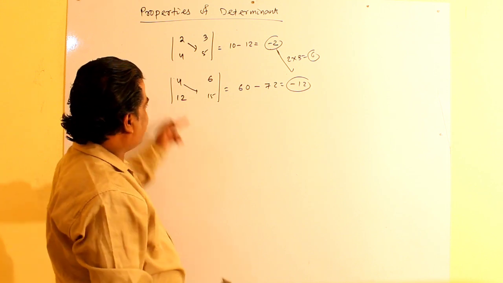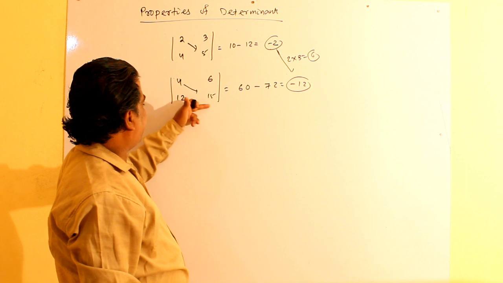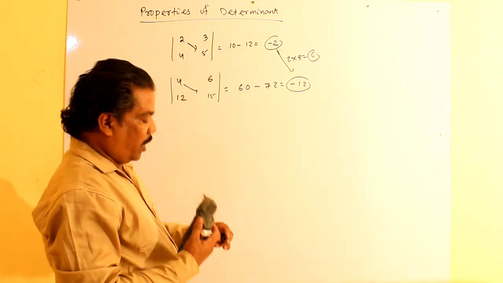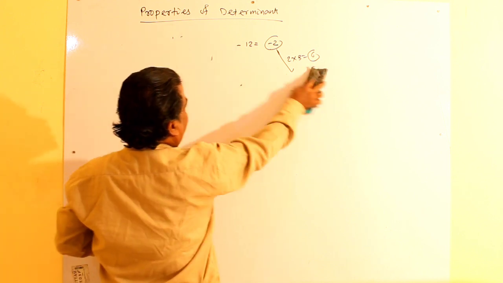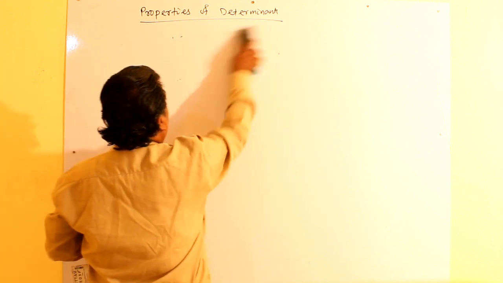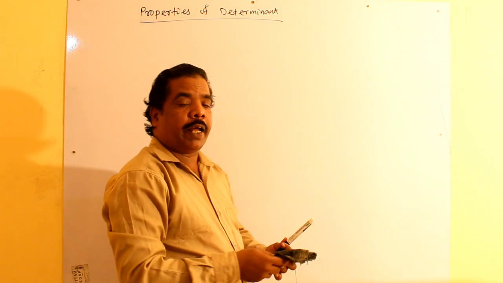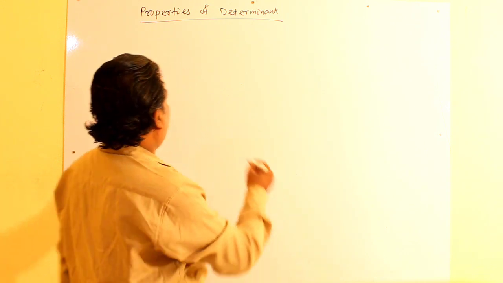Row 1 is multiplied by 2, so the value is multiplied by 2. Row 2 is multiplied by 3, the value is also multiplied by 3. Now, if all elements of a row or column are multiplied by any scalar or constant, the value is also multiplied by that constant.